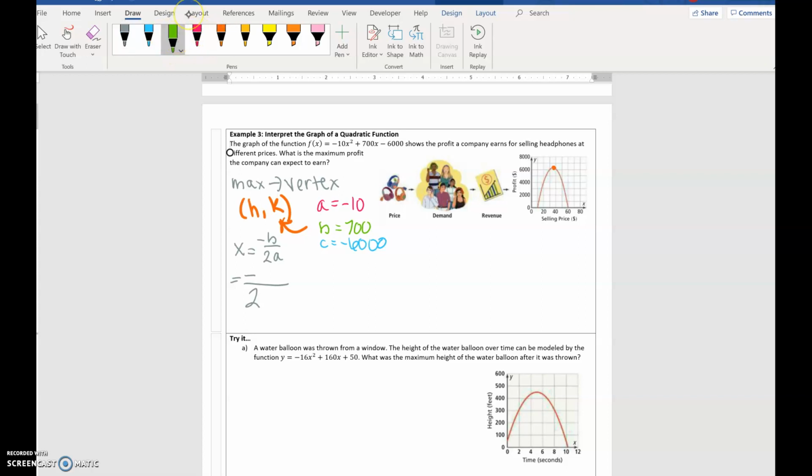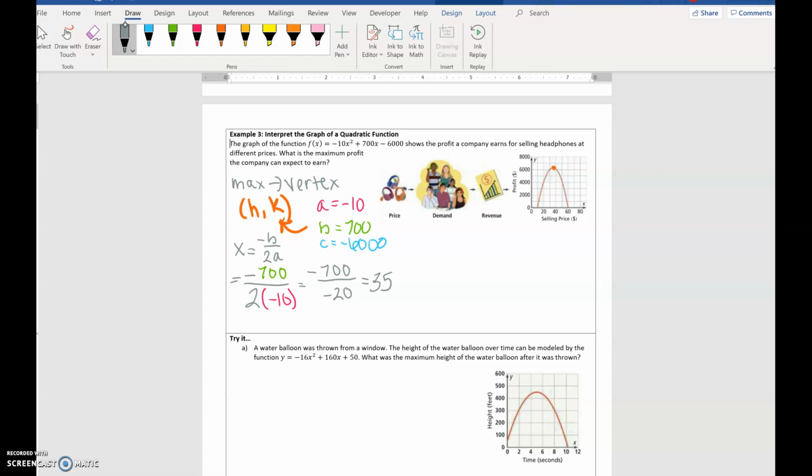So b is 700, a is -10. And then we're going to simplify this. So we did -700 over -20, which equals 35.